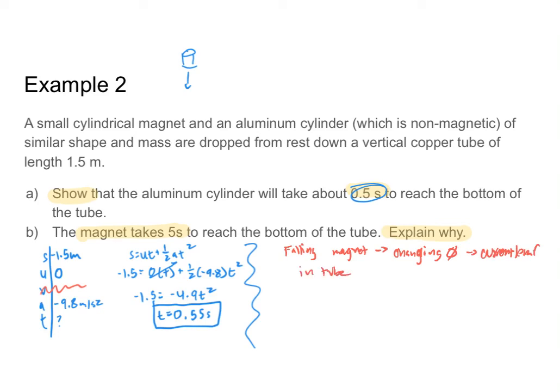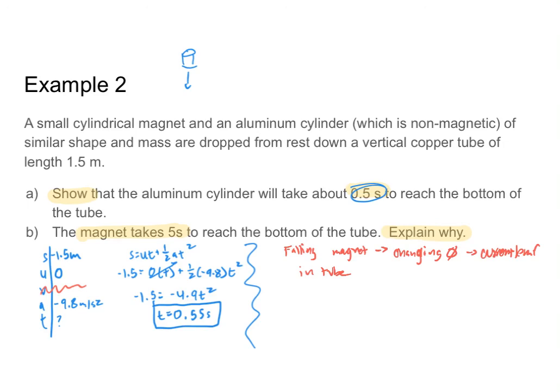That current is going to oppose the motion that caused it. So since the magnet is falling down, we know that the EMF, or that the current, is going to generate a magnetic field that goes up.